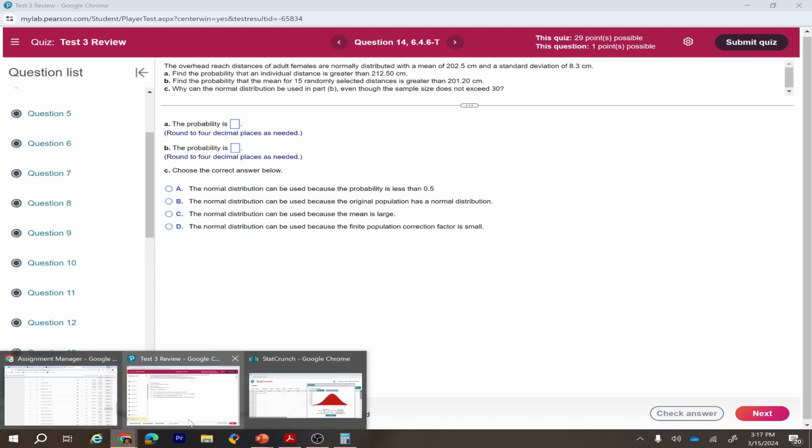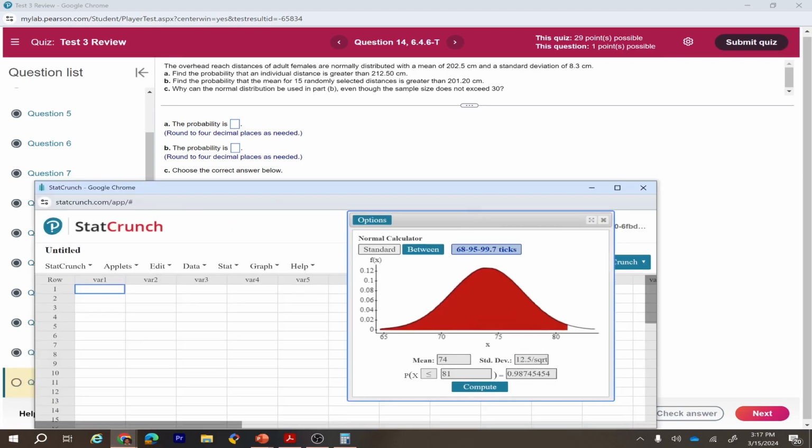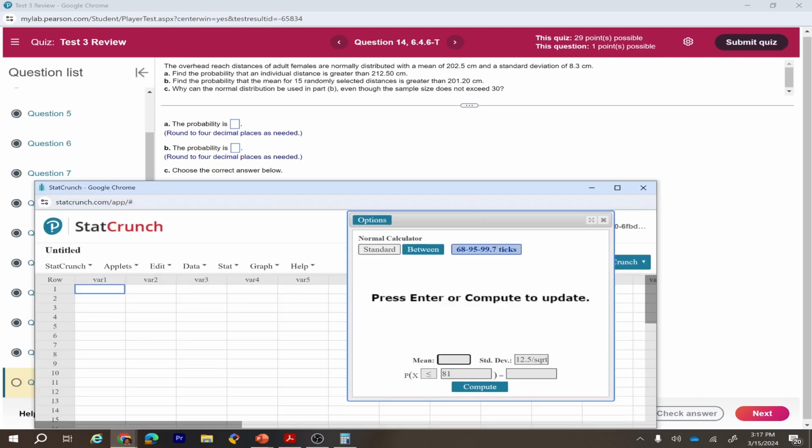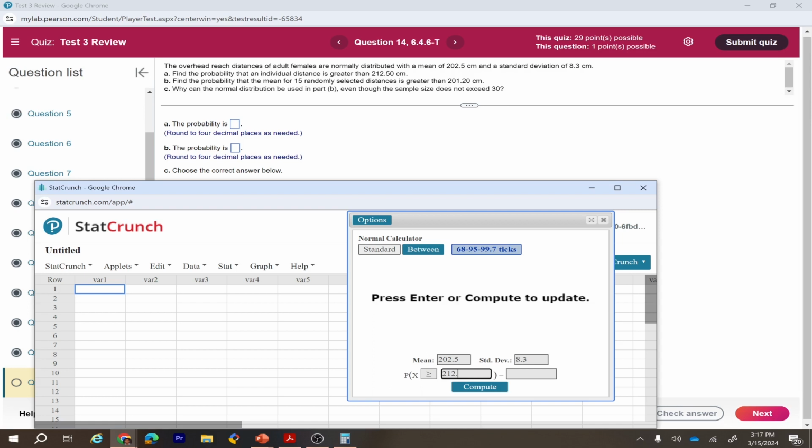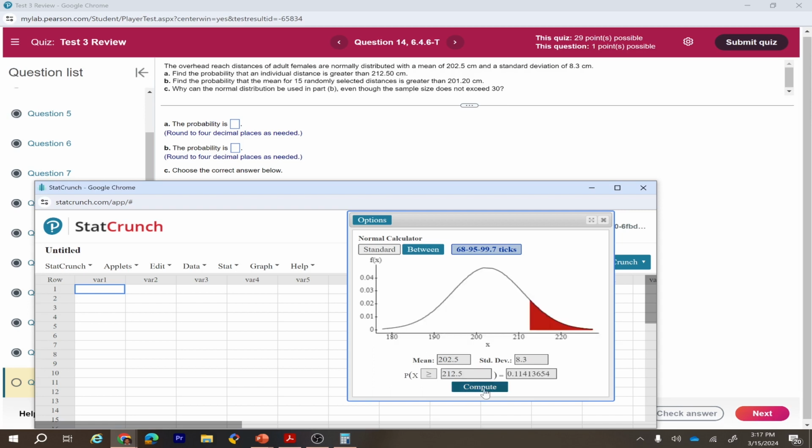You have to go to the normal calculator and replace the mean, which is 202.5, and the standard deviation, 8.3. This time you have to choose the greater than sign, 212.5, and if you hit compute, this is the probability. If you round it to the 4 decimal place, it's 0.1141.